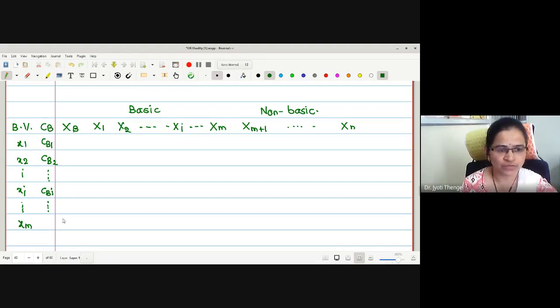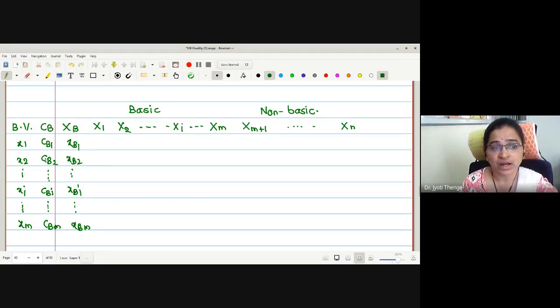Some of them may be 0. Let me write the values of the basic variables accordingly as xb1, xb2, xbi, xbm. This capital B stands for basic variable.